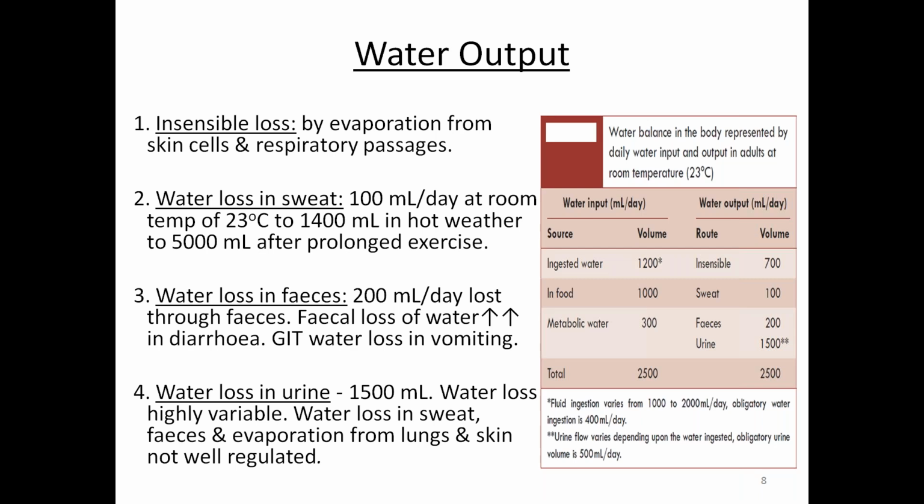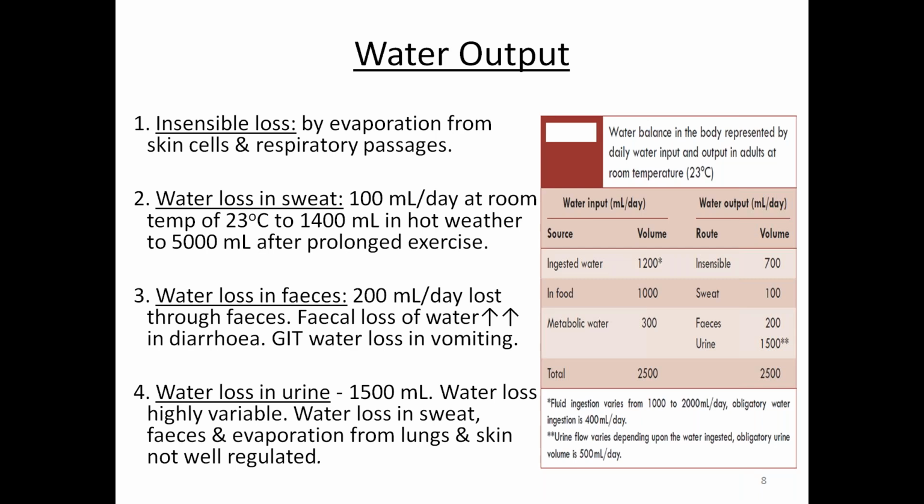For water balance, water output is precisely matched with water intake by the kidneys. The kidneys produce a small amount of concentrated urine, that means a hyperosmotic urine with respect to plasma, when the intake is low or if the losses are more. Conversely, the kidneys produce a large amount of dilute urine, which means hypoosmotic with respect to plasma, when the water intake is high.